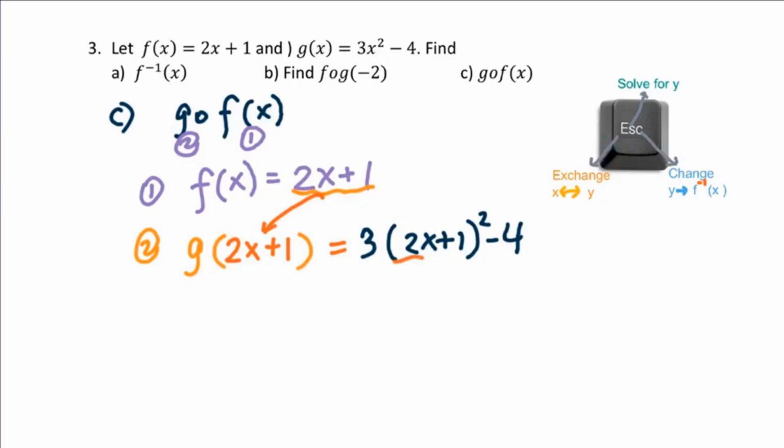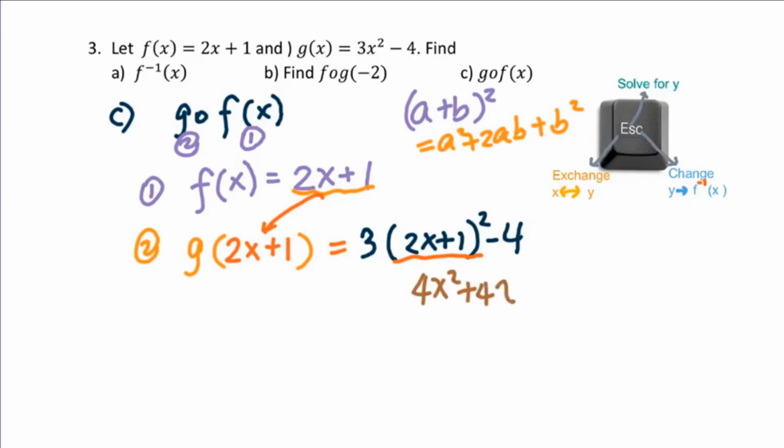For 2x plus 1 squared, remember the pattern: a plus b squared equals a squared plus 2ab plus b squared. Therefore, you will get 2x squared is 4x squared. 2x times 1 times 2, that is 4x. 1 squared is 1.